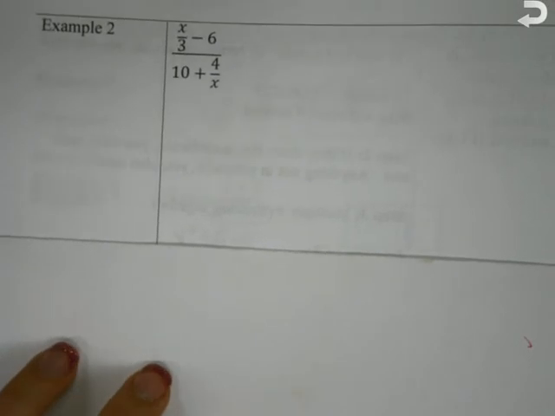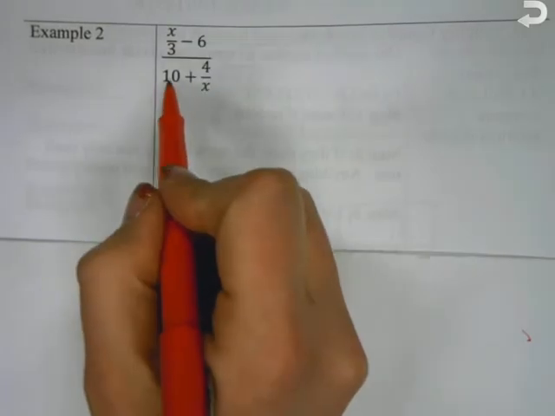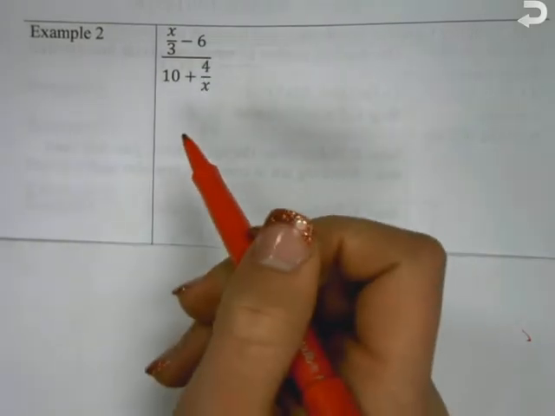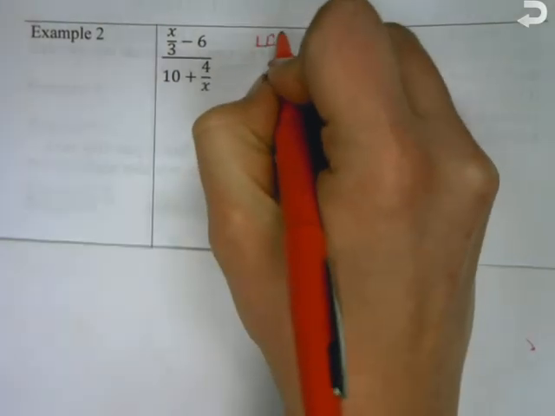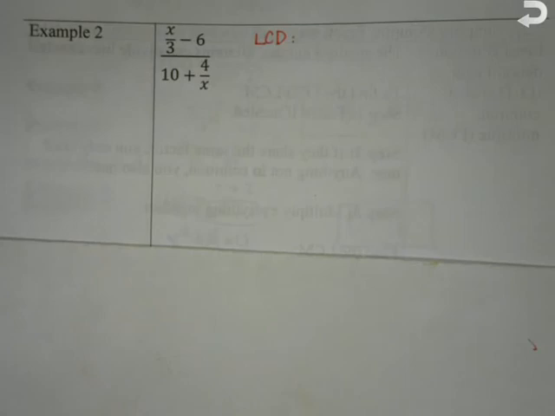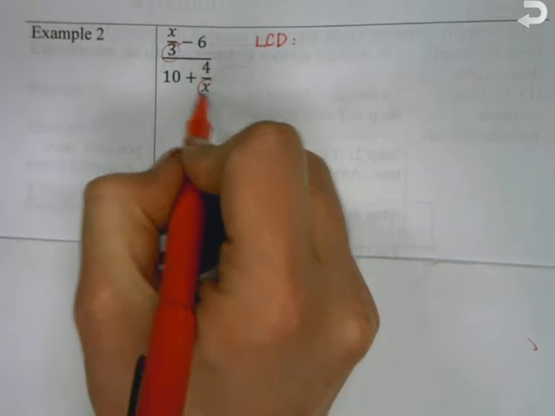Okay, example 2. We have x over 3 minus 6 over x plus 4 over x, or 10 plus 4 over x, sorry. Okay, so we're looking for the LCD, which means we're only concerned about our denominators, which in this case is 3 and x. So what would the LCD be? 3x.